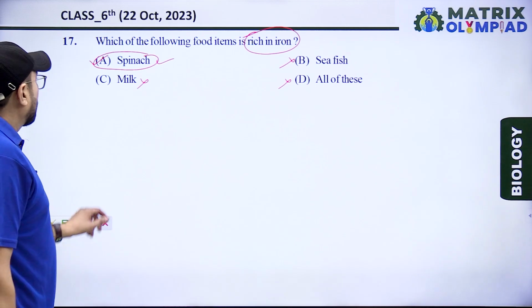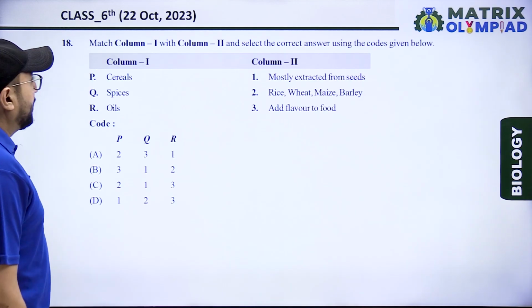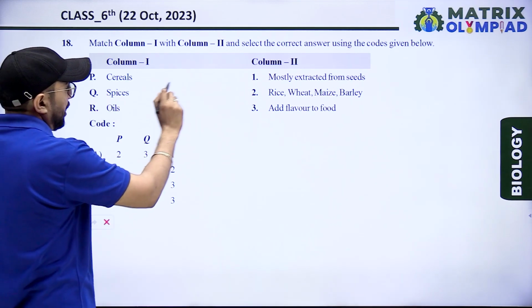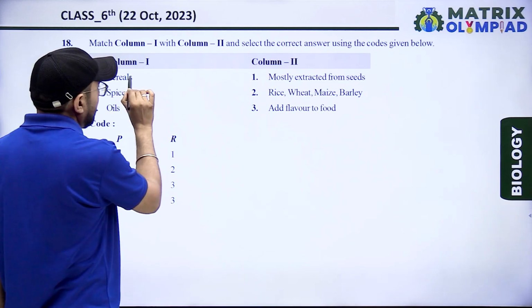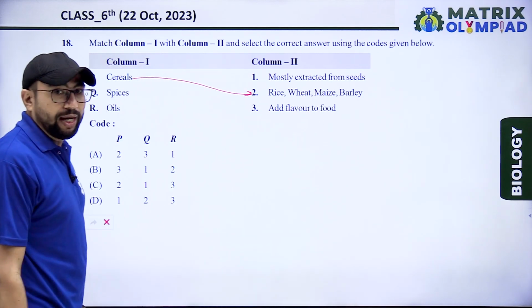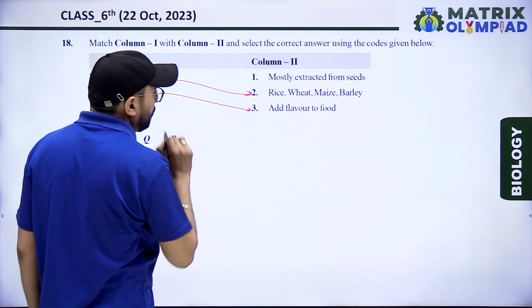Next question. Match column first and column second. Column first: cereals, spices and oils. Cereals are rice, wheat, maize and barley. Next, spices add flavor to food.